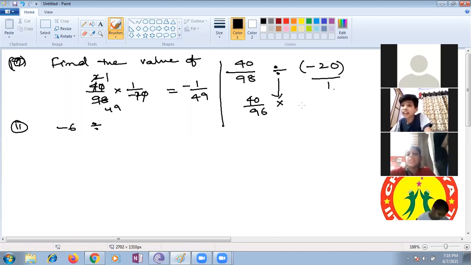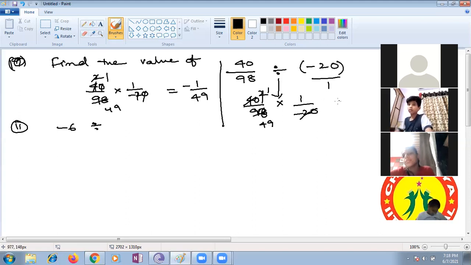Ma'am, you wrote 98. The reciprocal of this means 1 by minus 20. 2 ones are 2, I cancelled 20 and 40. So again here, 2 ones are 2, half of 98 is nothing but 49.